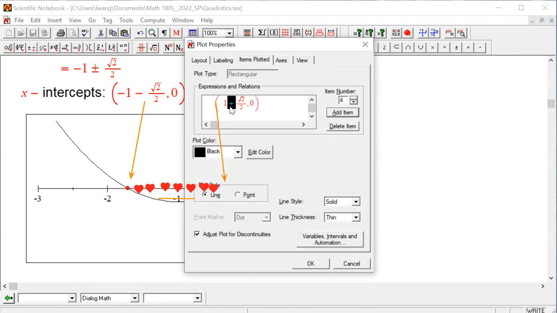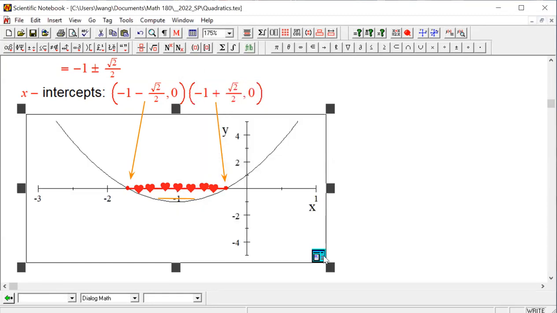There, okay. I'm going to draw the line to show you. Okay, and I can remove those hearts.